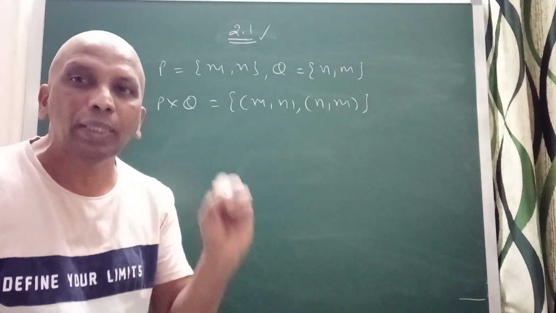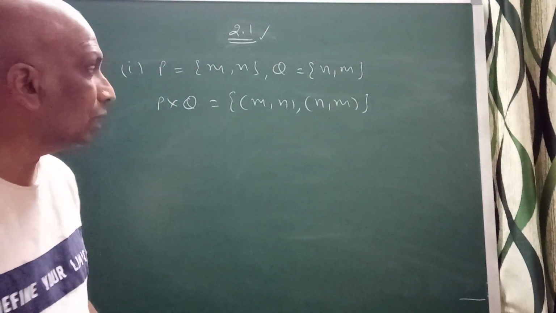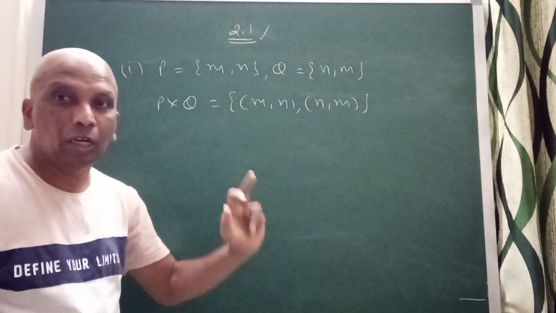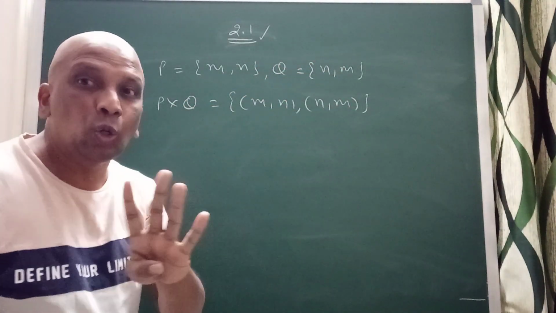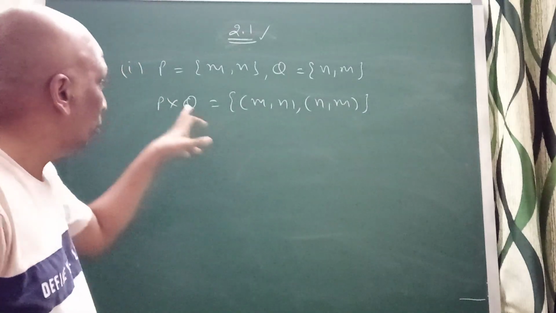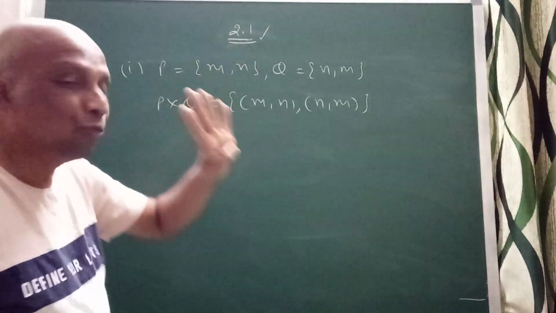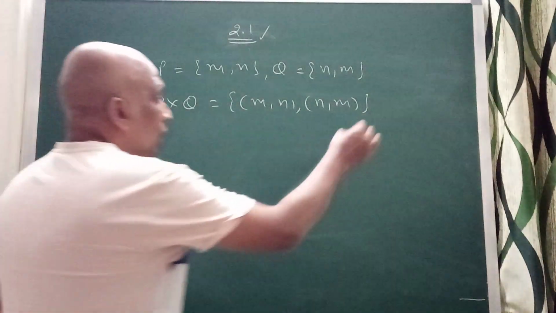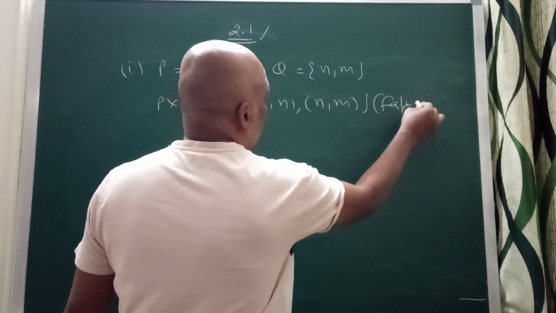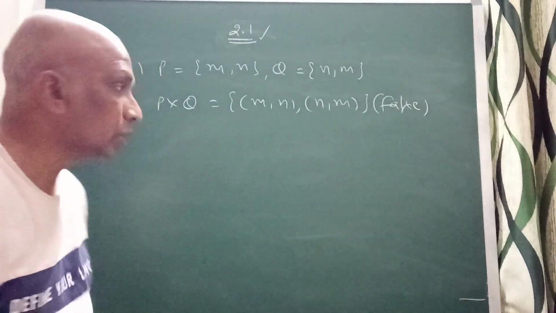You can see here two elements, here two elements. In total, the number of elements in the Cartesian product P cross Q should be 4, but I have got only 2. That means this is false. So you should rewrite, correct it now.